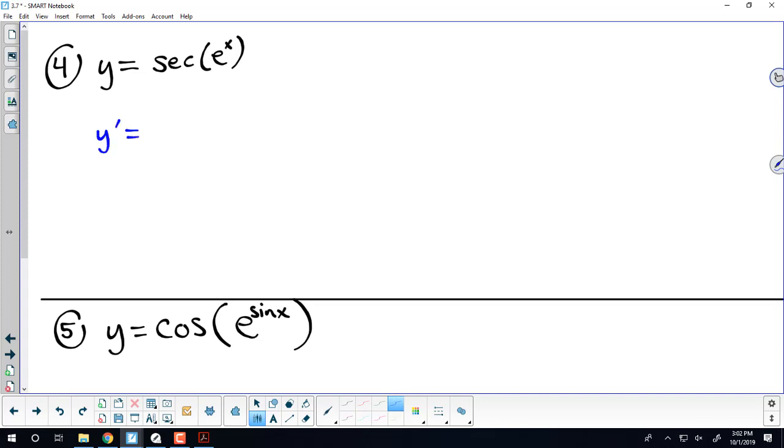But again, we take the derivative of the outer function and leave the inner function alone. What's the outer function here? Secant. What's the derivative of secant? Secant tangent. So there's that derivative of the outer function. We left the inner function alone. And then we multiply by the derivative of the inner.